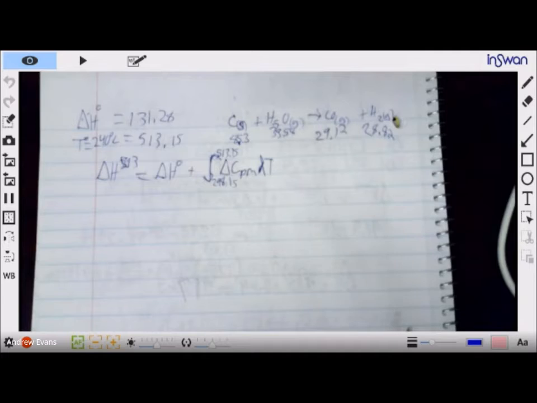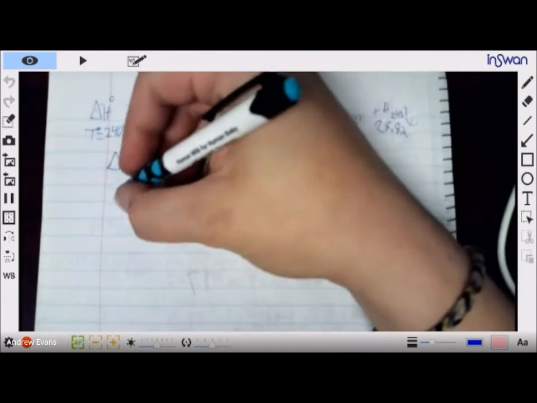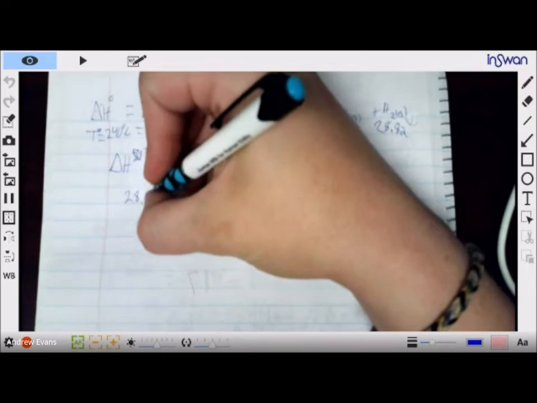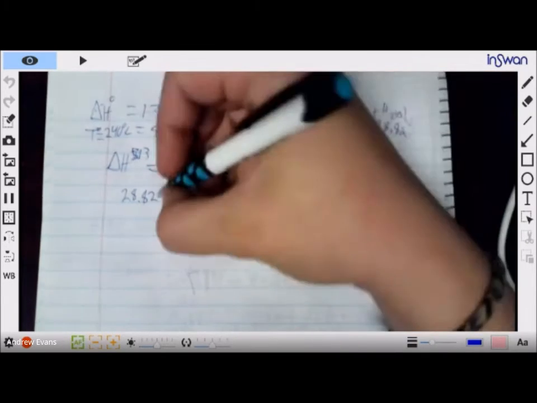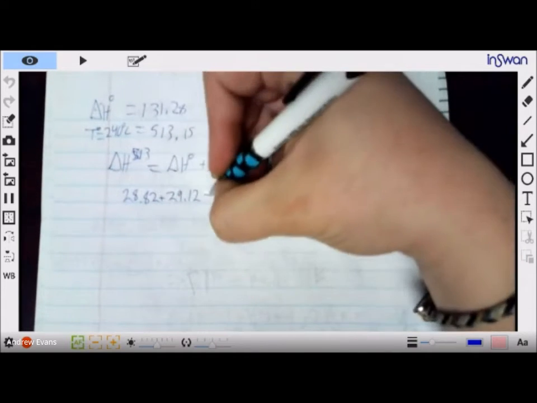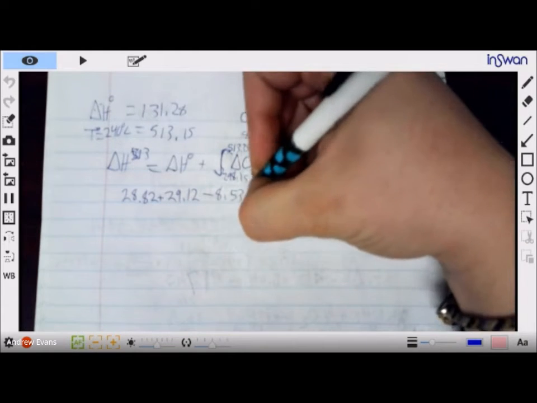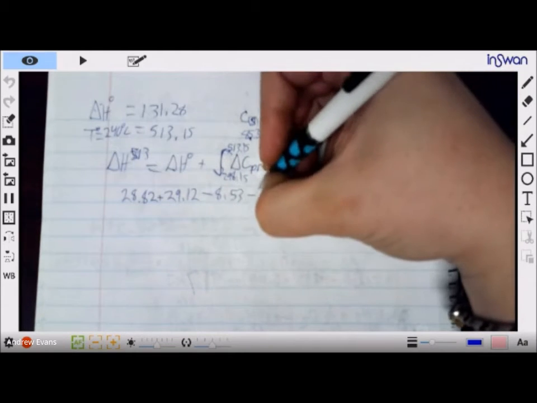First thing we got to do is calculate our delta C sub P sub M. So products: 28.82 plus 29.12 minus 8.53 and minus 33.58.